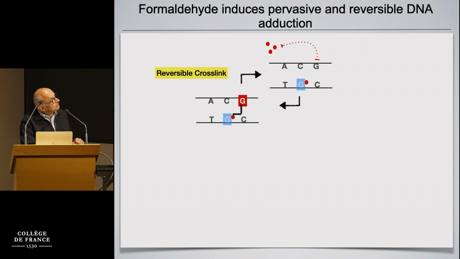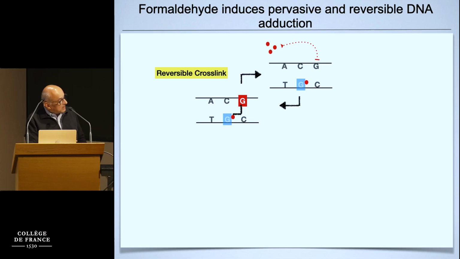So we know that formaldehyde doesn't react that well with double-stranded DNA, but imagine if you have a formaldehyde adduct in DNA, and we all have that in our genomes right now, it'll sit there silently and pervasively over here.